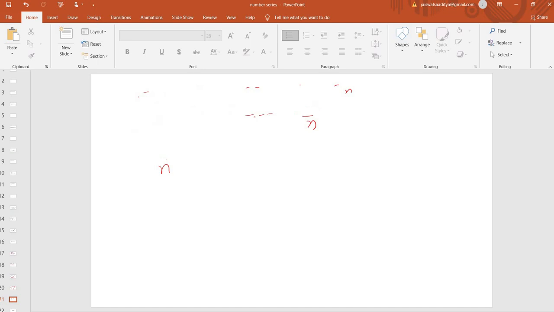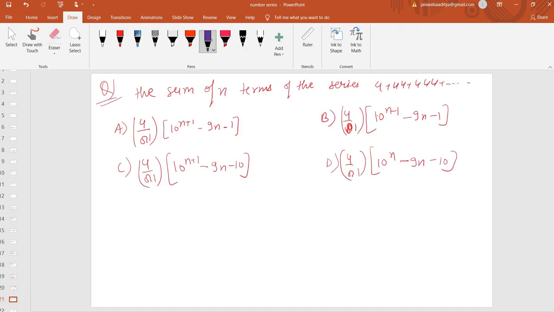The next question is not a difficult question. See, this is the pattern that is given. You can go first by taking 4 common, but it will be very hard and time consuming also.